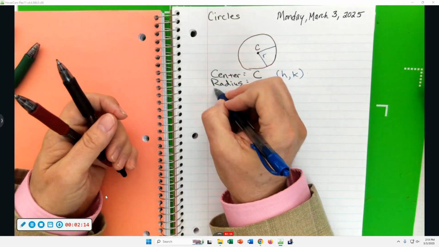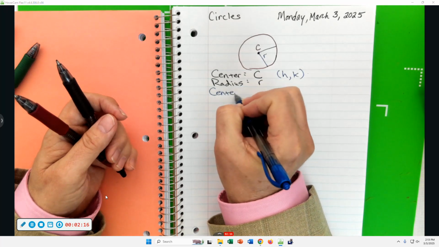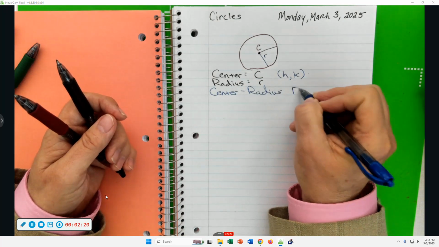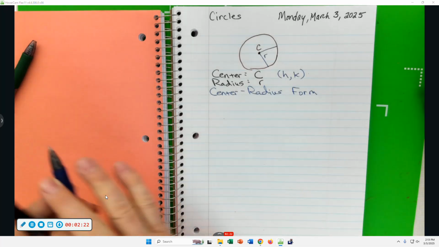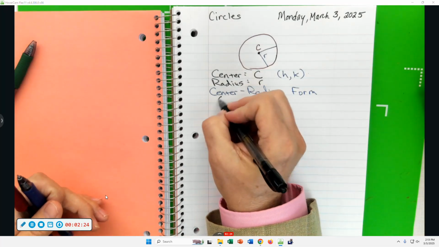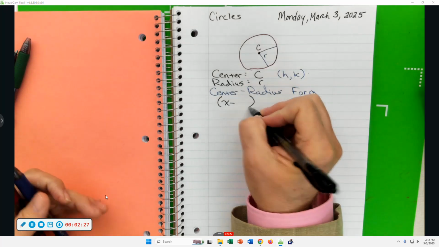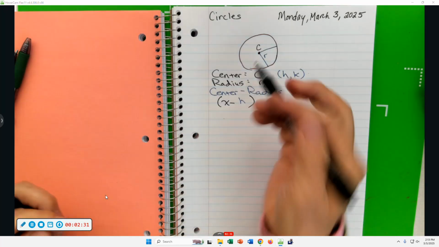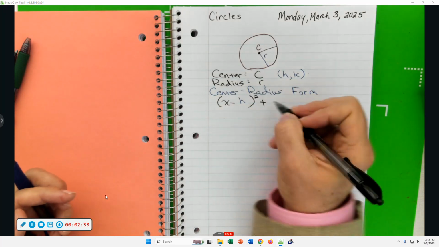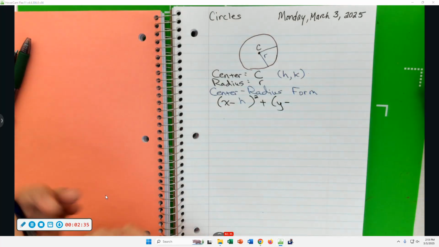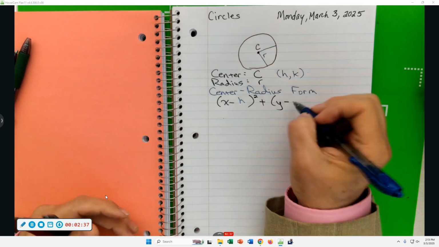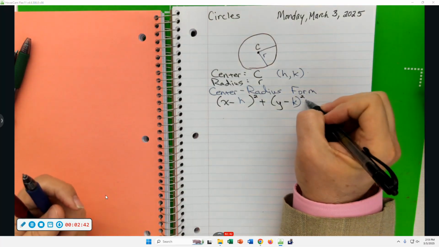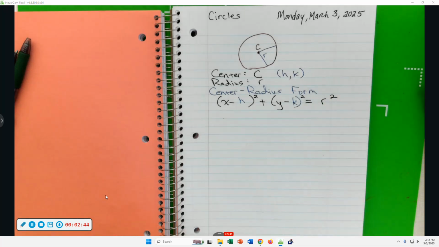The center radius form is x minus the x coordinate of the center squared plus y minus the y coordinate of the center squared equals the radius squared.